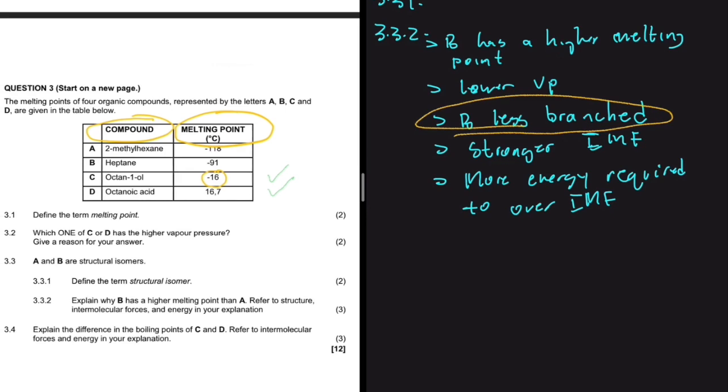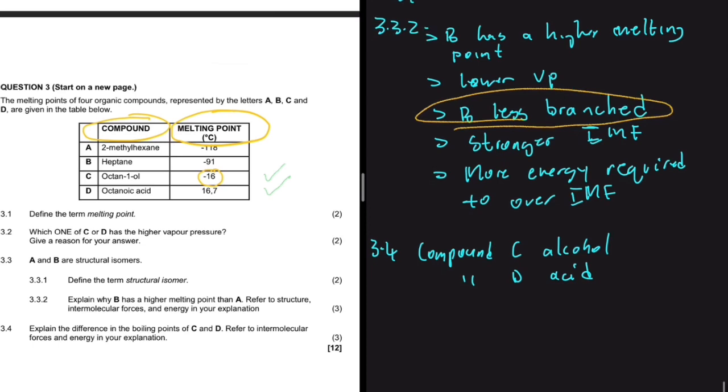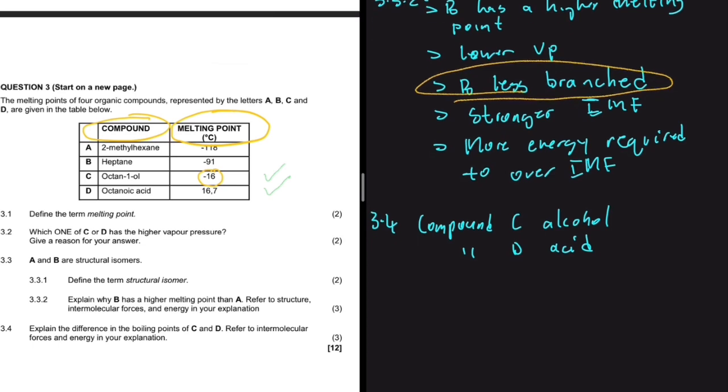Now let's do 3.4. 3.4 says explain the difference in the boiling points of C and D, referring to the intermolecular forces and the energy in our explanations, right? Let's go back to the basics real quick here. So we know that compound C is an alcohol, and compound D is an acid. Because they are an alcohol and an acid, we know fully well that they both possess hydrogen bonding.